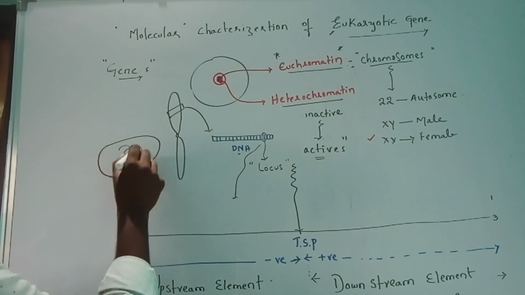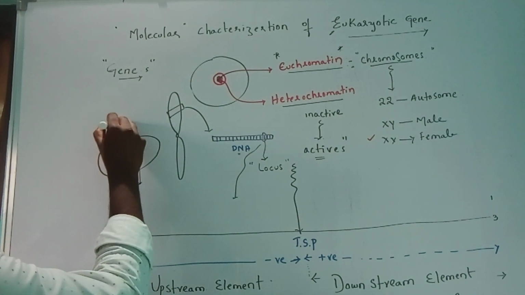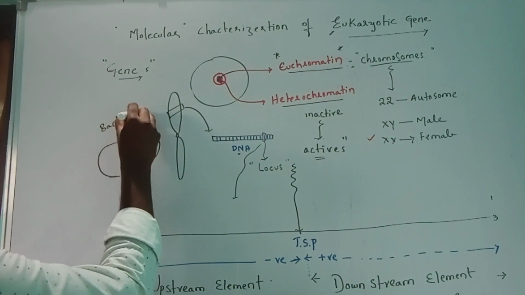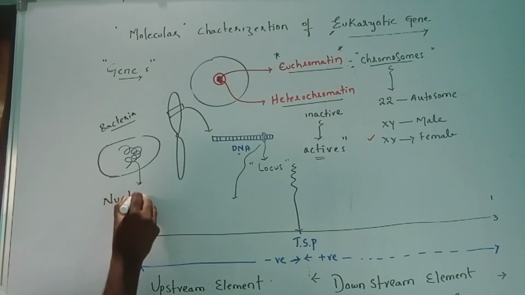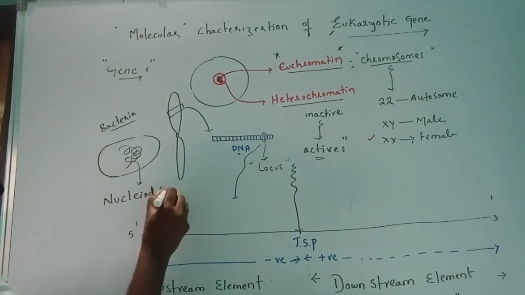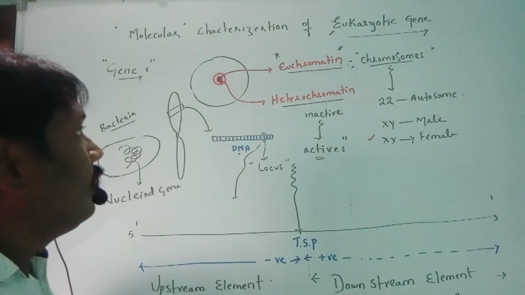There is a nucleoid, that means naked DNA. So in bacteria, the type of gene we call a nucleoid gene.